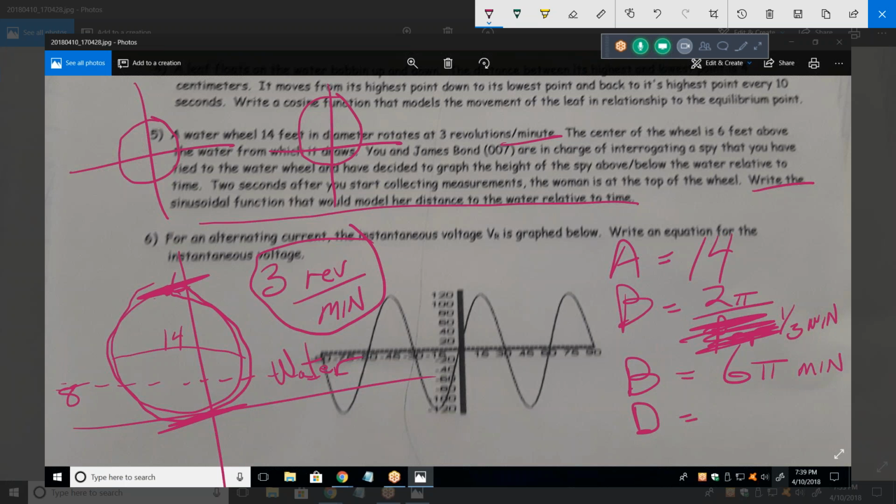Right. This thing, water, is 8 feet above the x-axis. So D is 8.